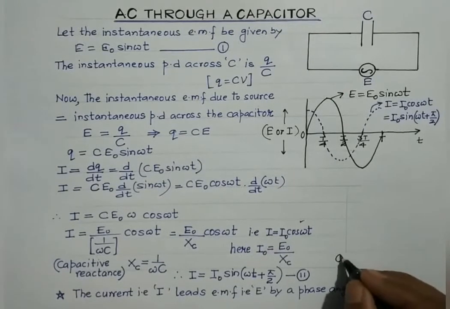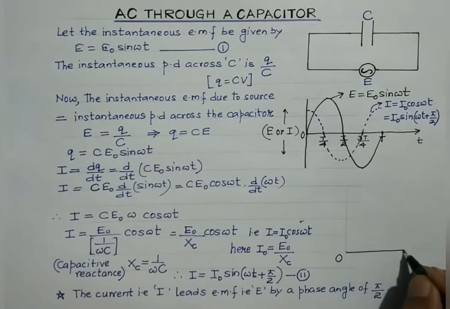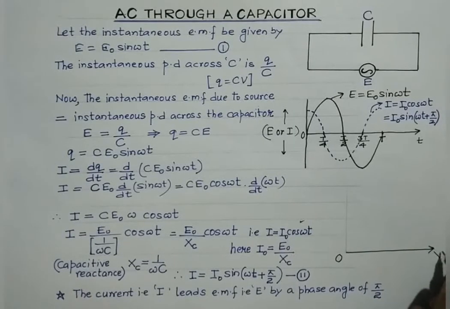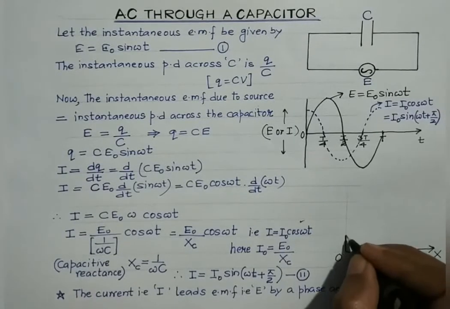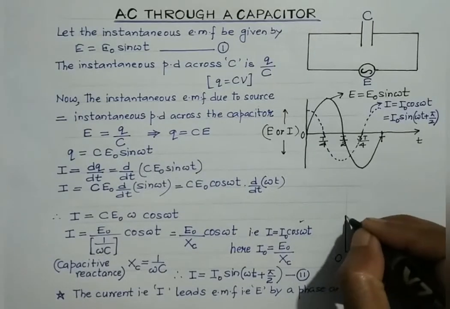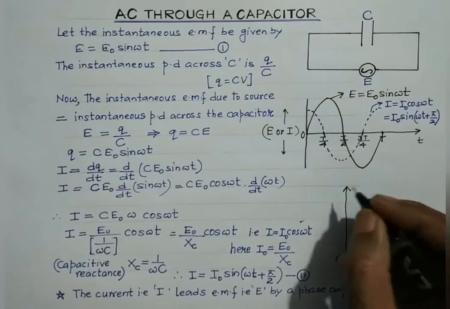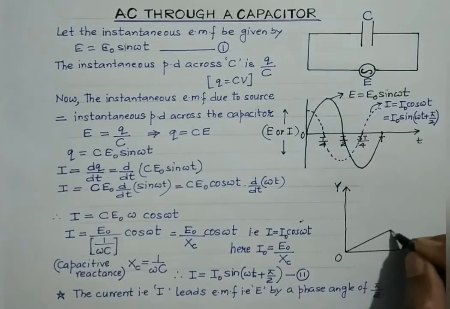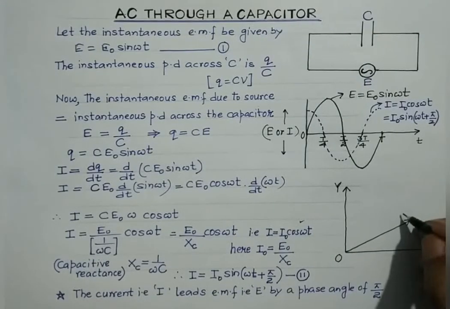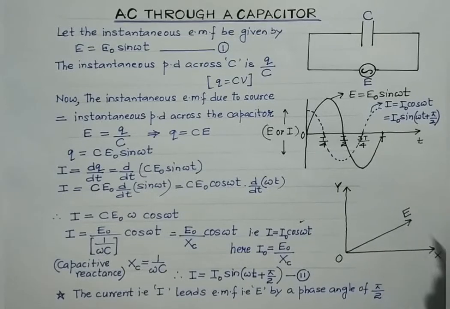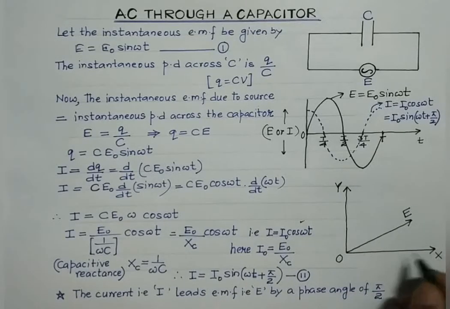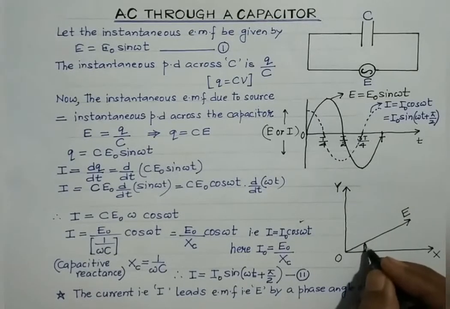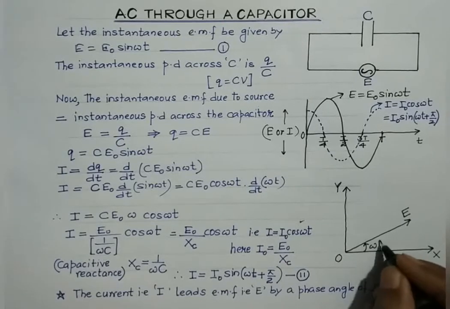Suppose this is the origin, OX, and let this vertical line represent OY. Now suppose this arrow represents the instantaneous alternating EMF. With respect to OX, it is subtending an angle of omega t.